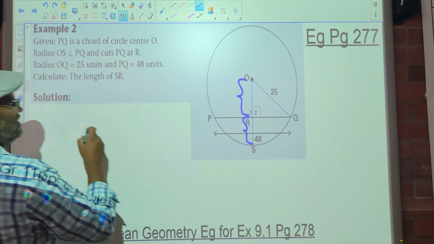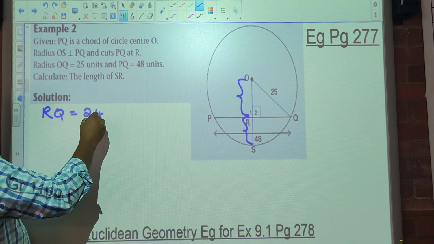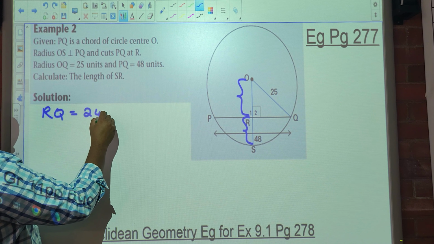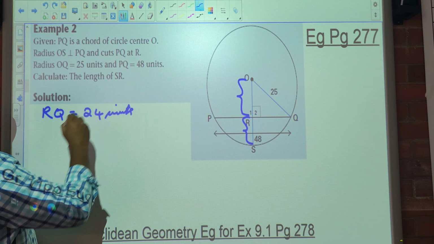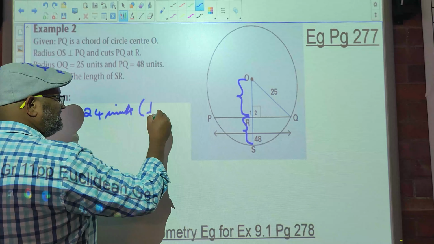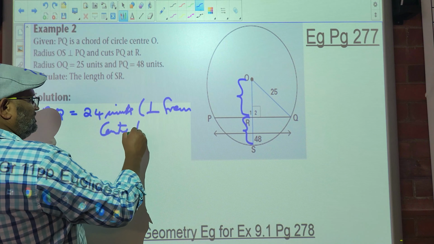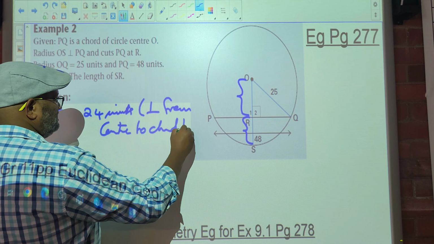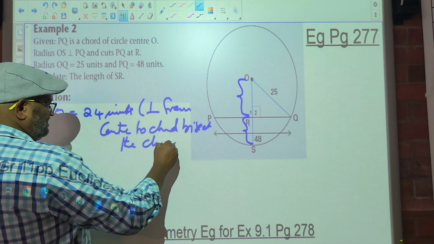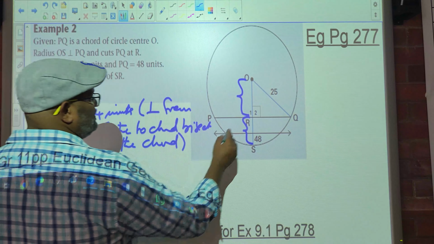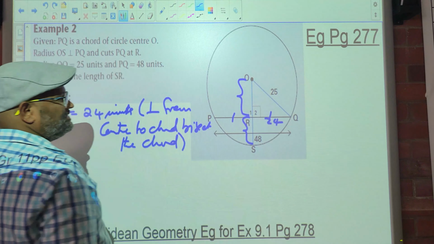I need to know that RQ is equal to 24 units. Why? Perpendicular from center to chord bisects the chord. Okay. Because that's 90, that is of course equal. So there is 24 units.